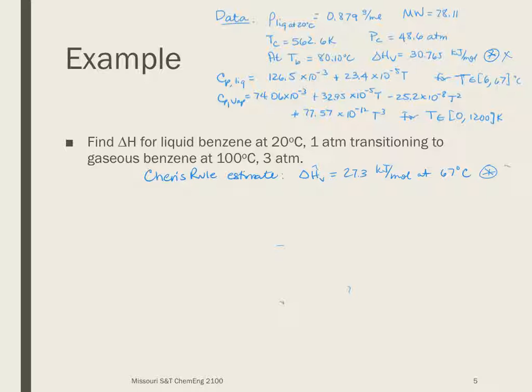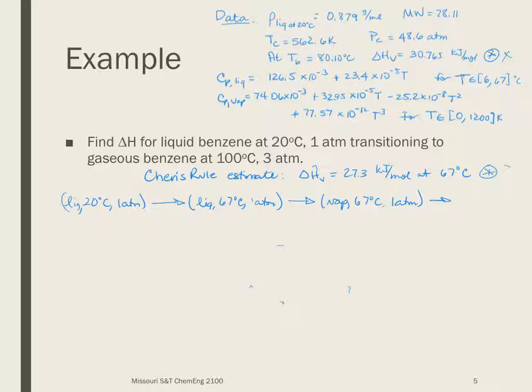So my path is I'm going to start at 20 degrees C, 1 atmosphere, as a liquid. And I'm going to take that to liquid at 67 degrees C, 1 atmosphere. And then I'm going to have that phase change, so I'm going to change this to vapor at 67 degrees C, 1 atmosphere.